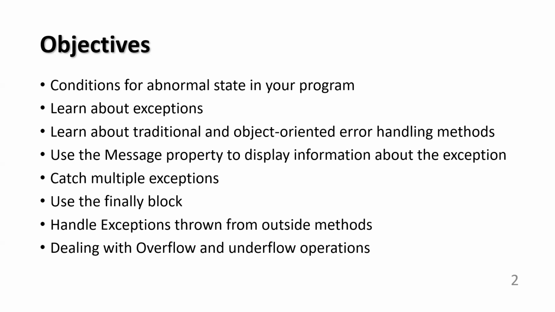Let me ask you, you want to calculate A divided by B. What are the possible problems that could happen? I repeat the question for people at home. You want to divide A by B. What are the problems that could happen?